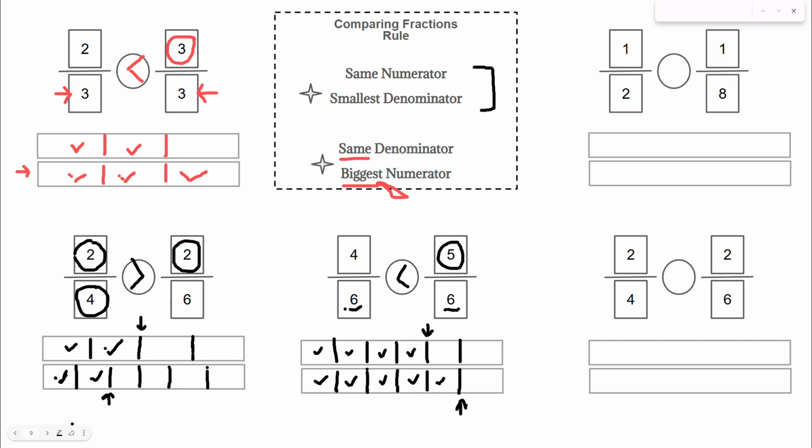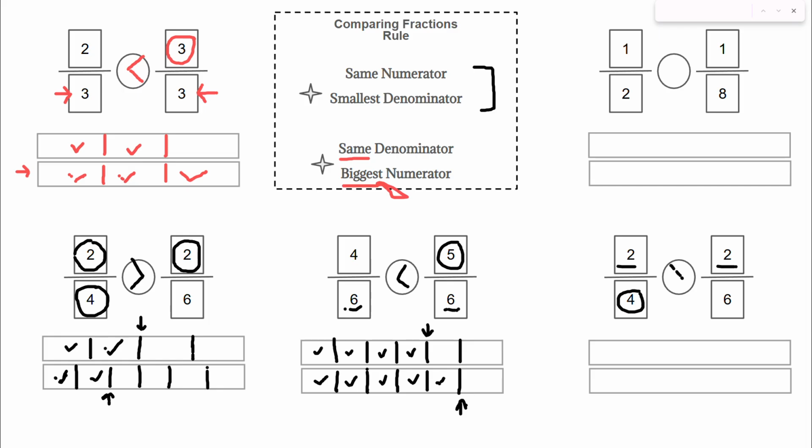Alrighty. I'm going to go ahead and work on 2/4 and 2/6. We notice that we have two like numerators and different denominators. So the rule is same numerator, smallest denominator. So same numerator, smallest denominator.